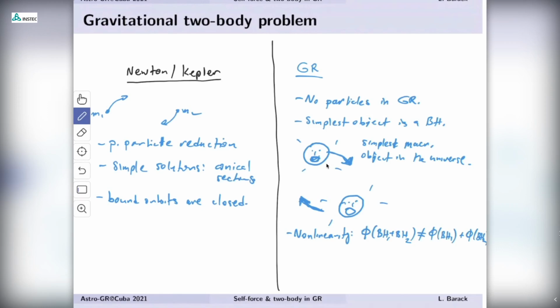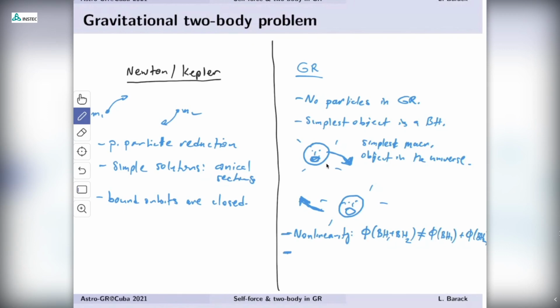So my assumption is that people heard about gravitational waves and LIGO and black holes at a very basic level, and the Kerr solution, know what a metric is. But if this is not the case, I'm happy to go one step back. Yes, but you made some statements, and come on, Joel. So Leor said these are the simplest microscopic objects in the universe. Don't you have any kind of questions? Leor is here exactly for that. No comments? Zero?